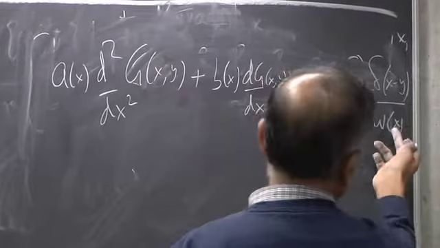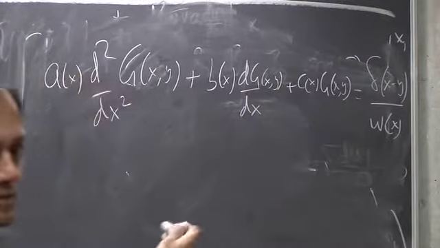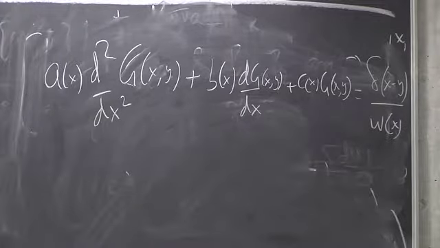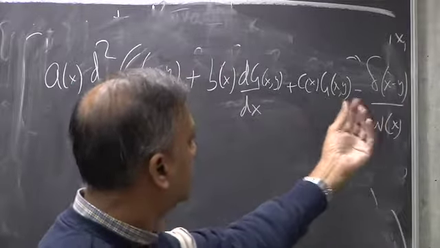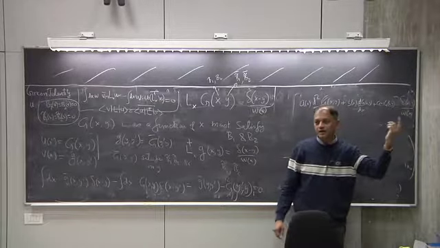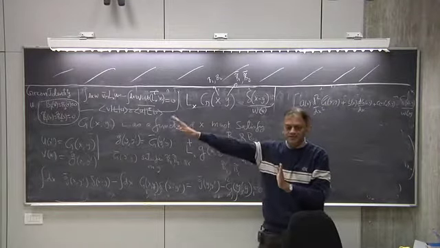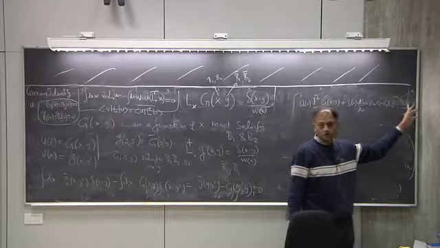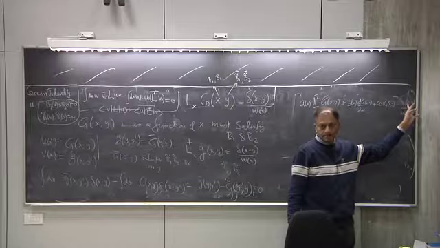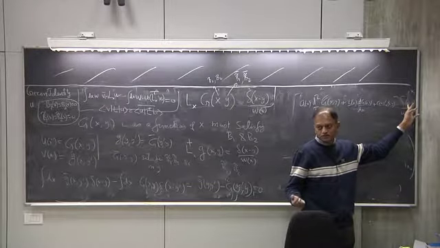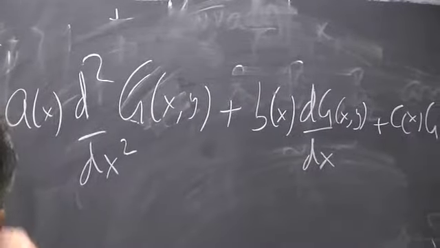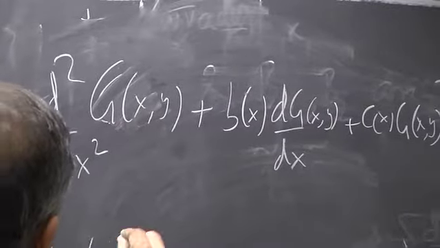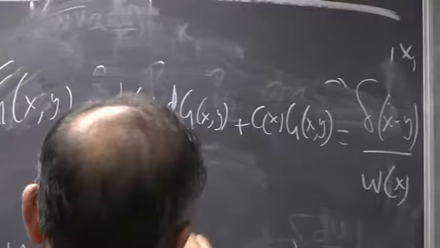Here you can put either w(x) or w(y), it doesn't matter, because it's multiplying a delta function. Whether or not you consider it a generalized function, the Dirac delta function is zero whenever its argument is not zero. So when x is not equal to y, the right-hand side is 0.